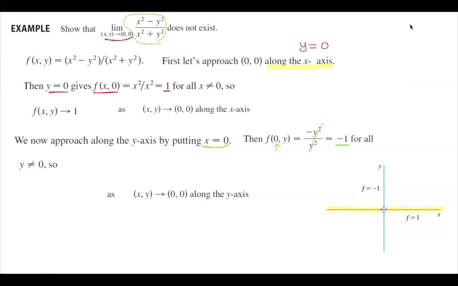So what's happening here? Take a look. The limit of the function, as you're getting closer and closer to the origin, along the x-axis is equal to 1. Along the y-axis, it's equal to negative 1. You end up with two different values. When you have two different values, it means that the limit doesn't exist.